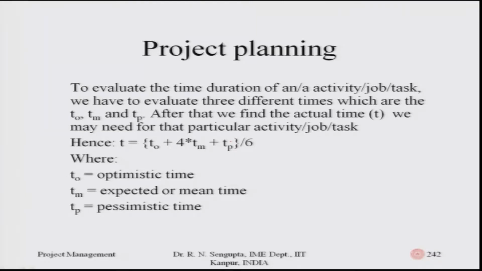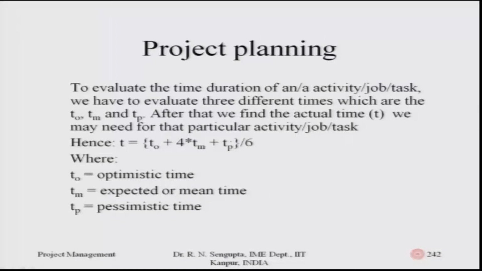So the weightages we give are 1/6 for the optimistic time, 1/6 for the pessimistic time and 4/6 for the mean time. This is the beta distribution based on which we proceed to find T, which is used for all our calculations. And similarly we can find out the variance also if required.